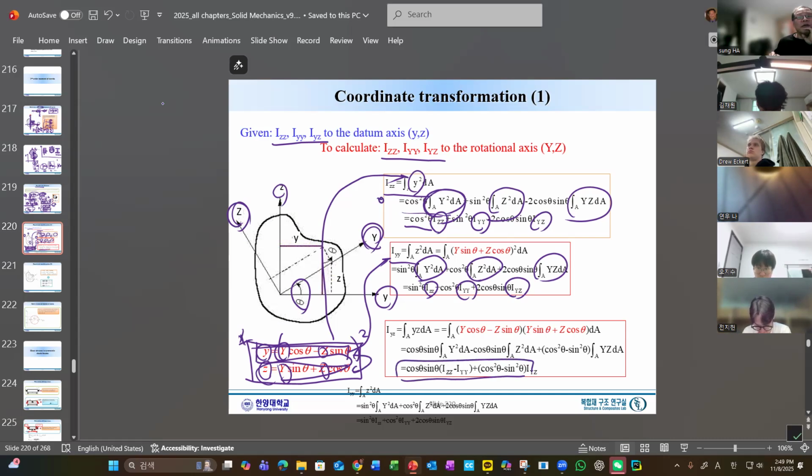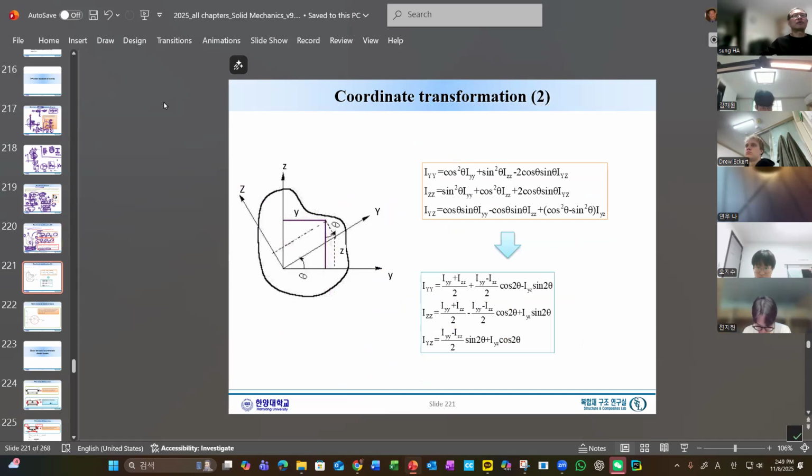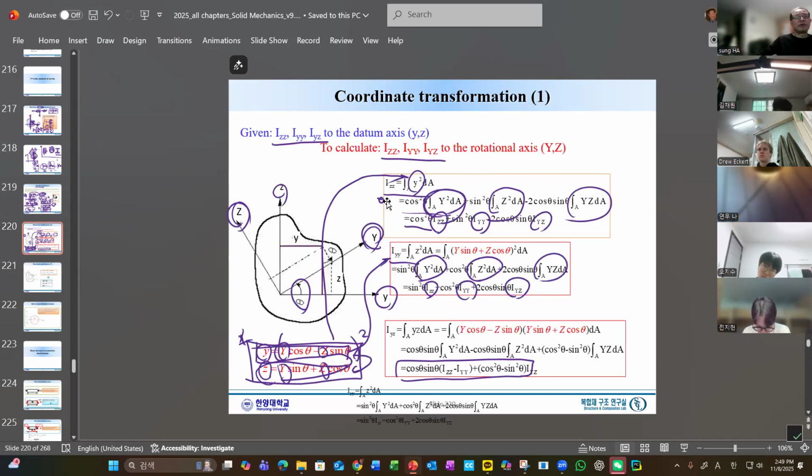Okay, I will skip the derivation in detail. I would like to simplify and summarize these transformations. Here the ZZ and YY are reversed, but that's not a big deal.